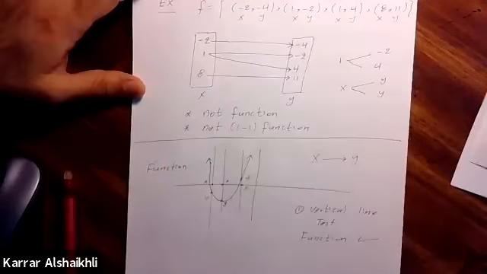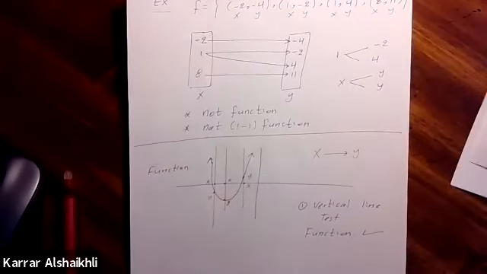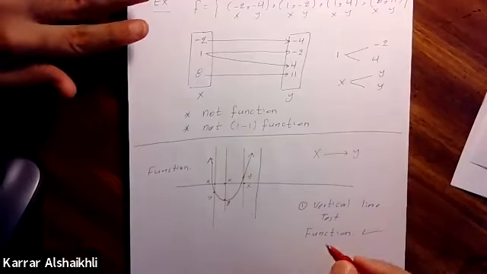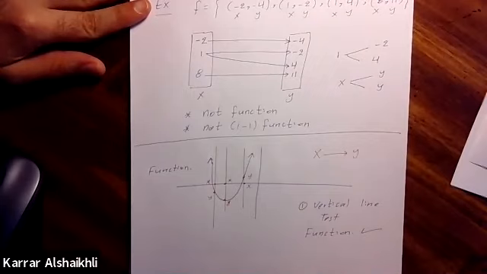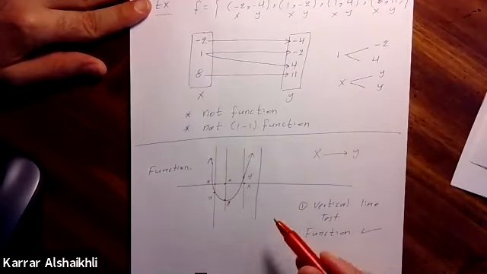Now we're going to do another. Remember when we're trying to find whether the function is one-to-one or not, we have two conditions. The first condition is a function, when every x goes to 1 y. The second condition is when each y goes back to 1 x. So how are we going to do that when we have a graph?